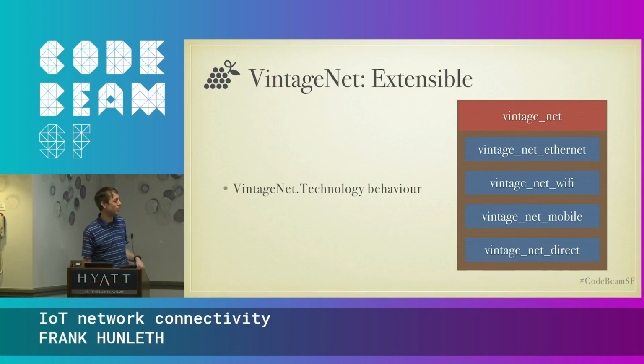If you don't, it's probably a little change to add yours for the tweaks that are needed. That last one, VintageNet Direct, is for if you have your device. This is more of a development setup where you have your device over a USB cable plugged into your computer. It has a virtual Ethernet cable that goes in there, so you can communicate with your device over that one USB cable. So it's like the peer-to-peer setup.